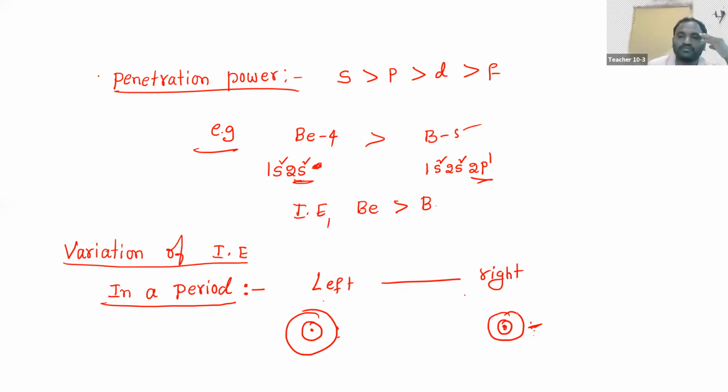So from left to right, generally ionization energy increases because atomic radius decreases.